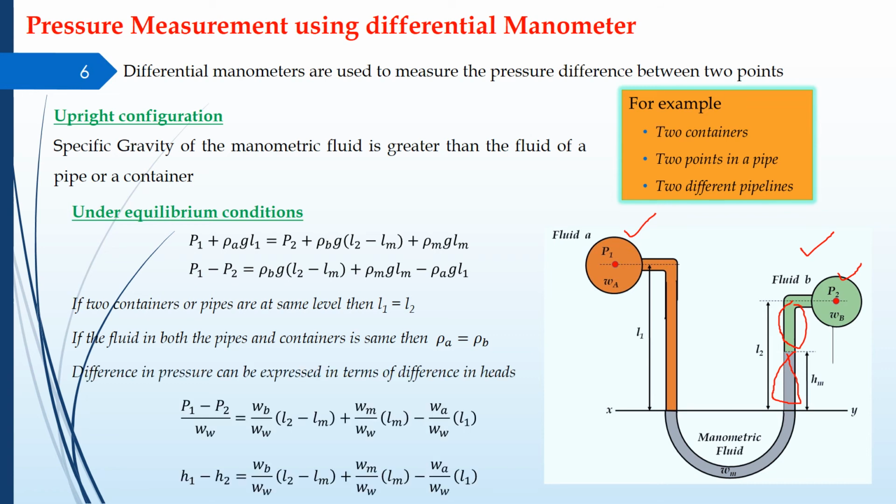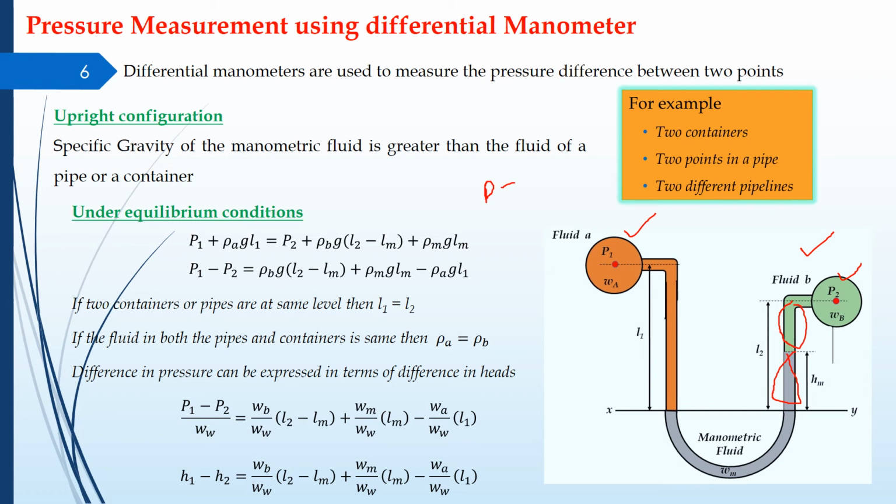Further, if we want to express the pressure in terms of head, basically, we always express the pressure, or the difference in pressure, in terms of head, H. So how do we simplify that equation?